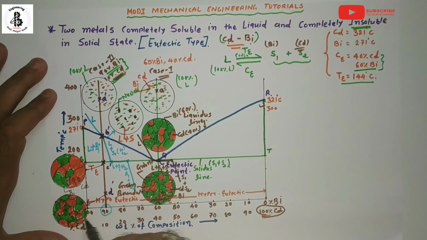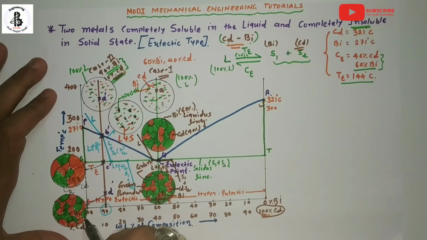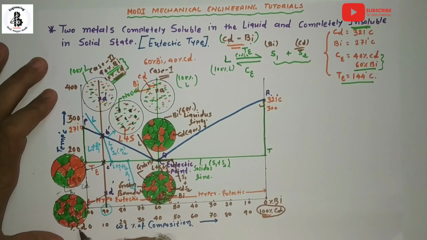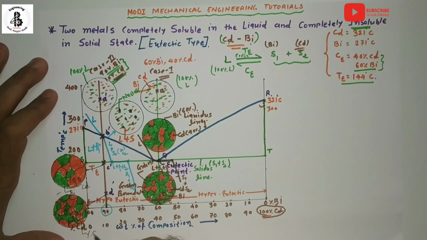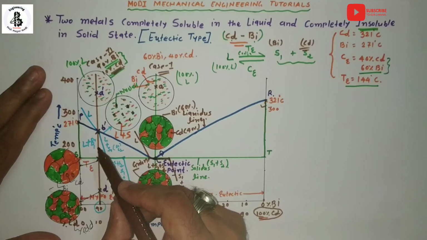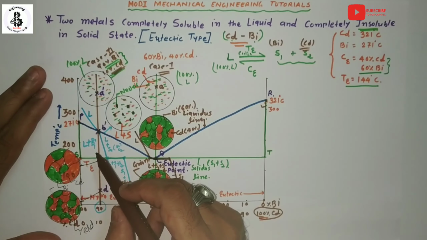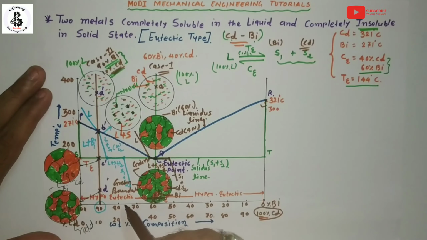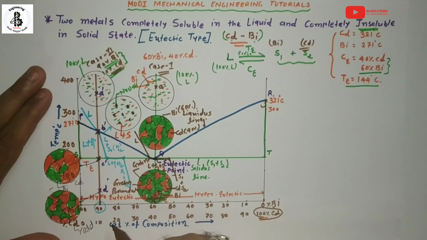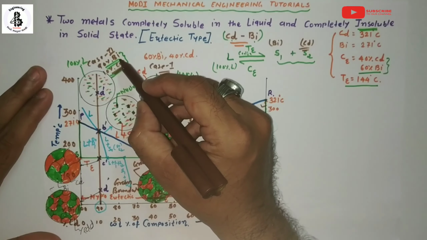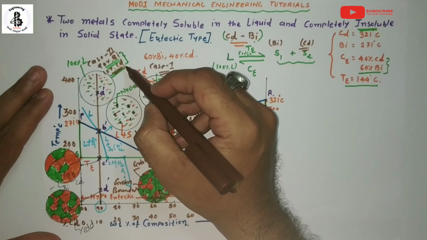Here at room temperature at D dash, 90% bismuth is present, and the rest is 10% cadmium. Now if you want to find the weight percentage of the liquid and the weight percentage of eutectic bismuth for a hypoeutectic transformation at a certain temperature with respect to 90% bismuth and 10% cadmium.